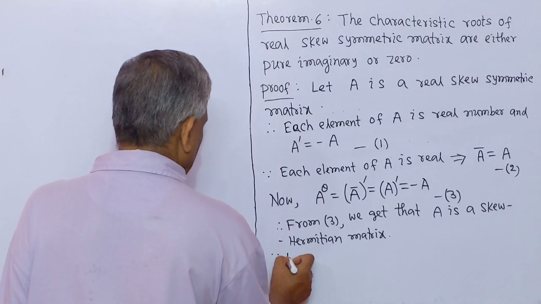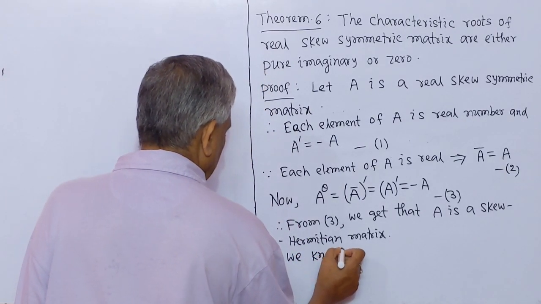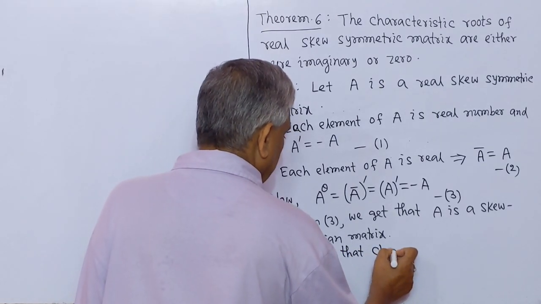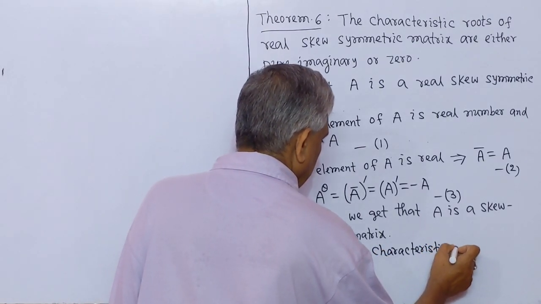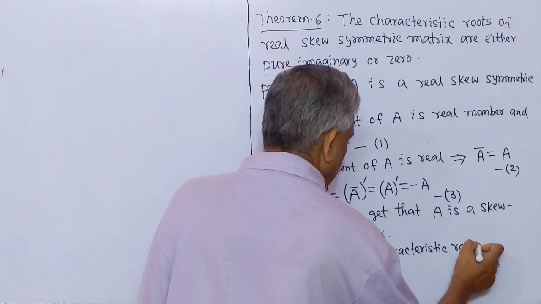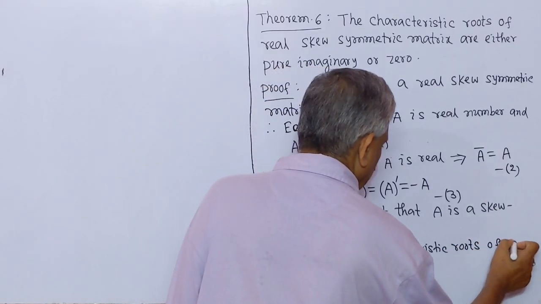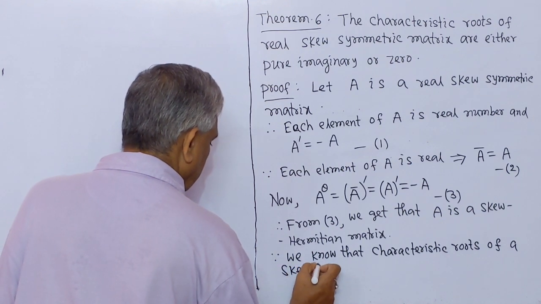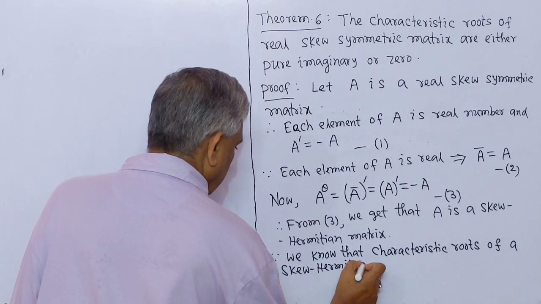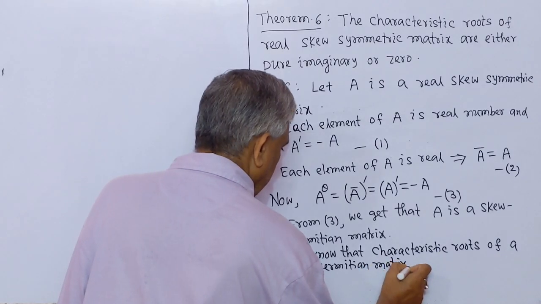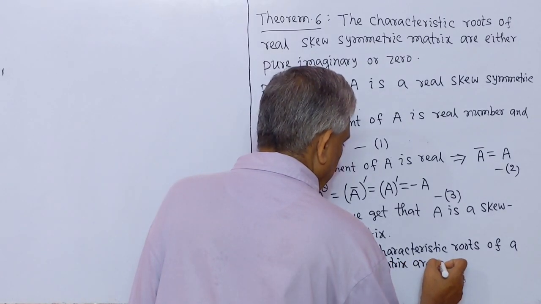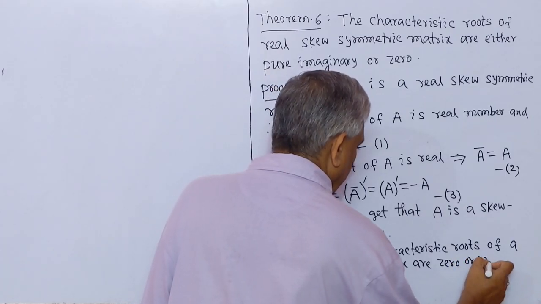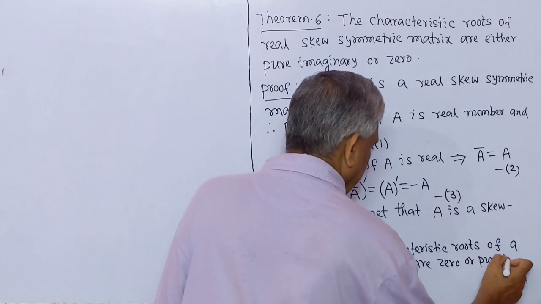Since we know that the characteristic roots of a Skew-Hermitian matrix are 0 or pure imaginary.